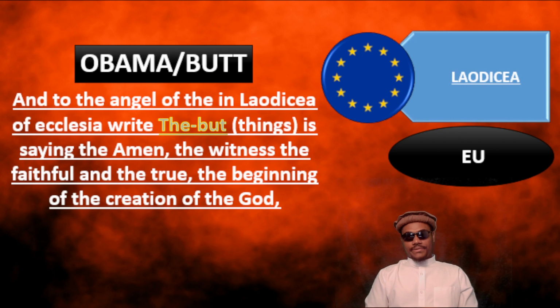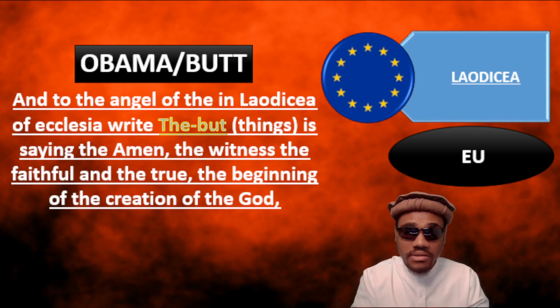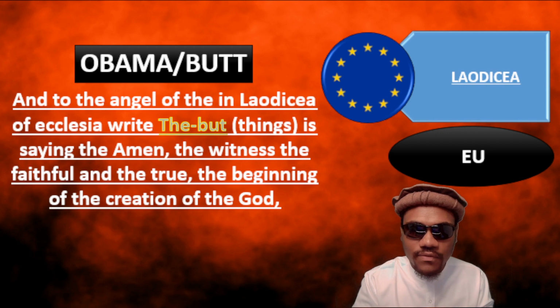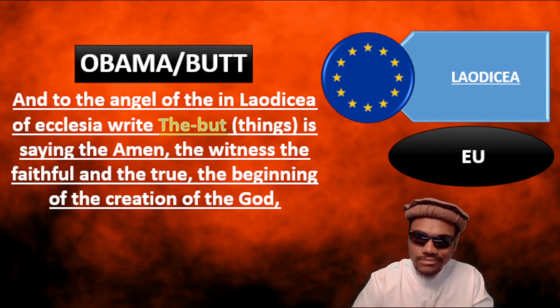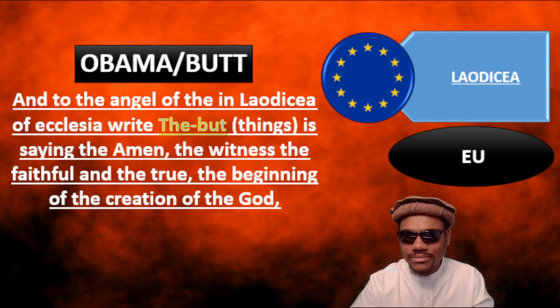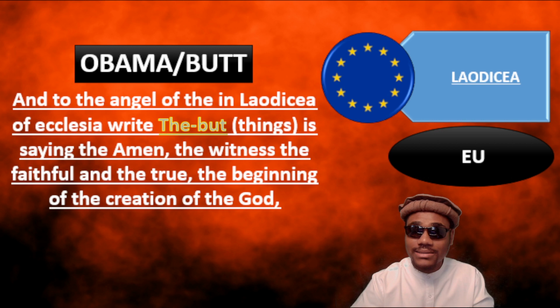So here is his last lie, claiming to be the witness, the faithful, the true, claiming to be the God. That's what he's claiming to be, the creation of the God. Claiming to be the God again, something that he's not.